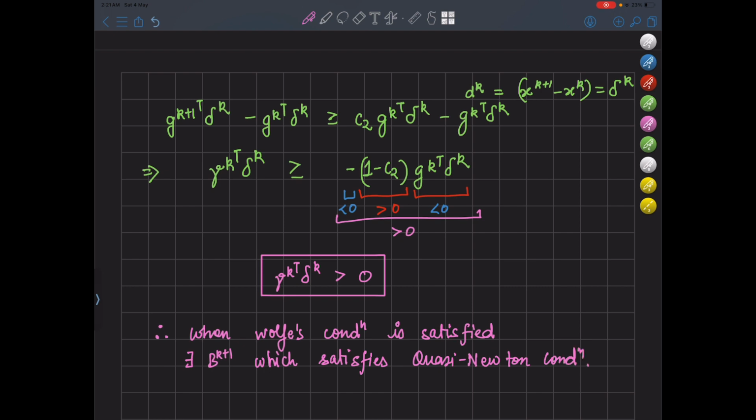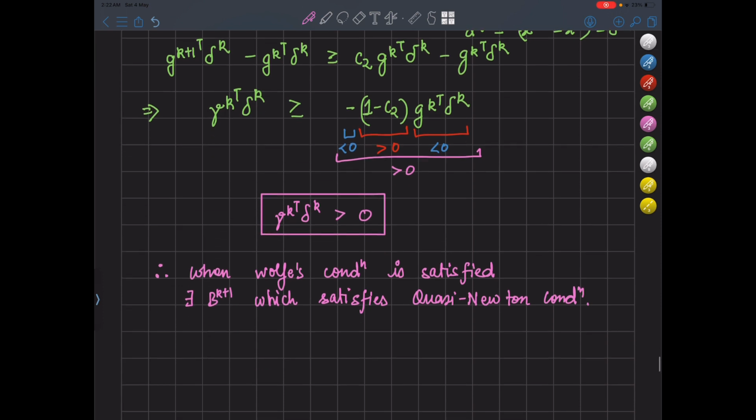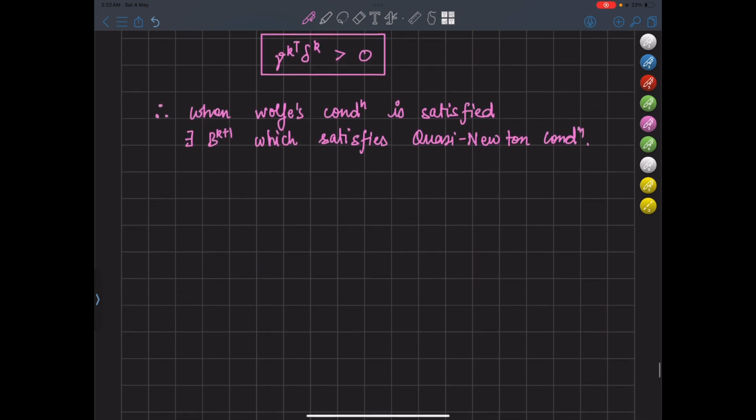Alright, so basically if you use Wolfe's condition to find the step length, the new xk plus 1 will be such that there will always exist a bk plus 1 matrix that will follow the Quasi-Newton condition and will be positive definite. Alright, now let's try to find how to calculate this bk plus 1.